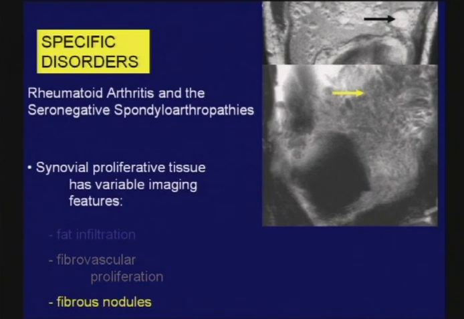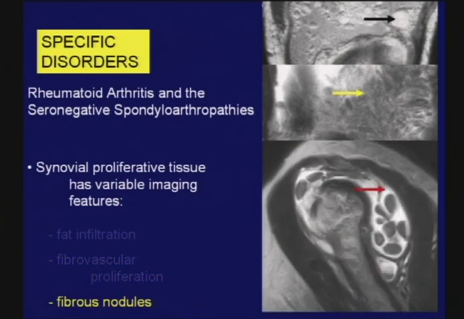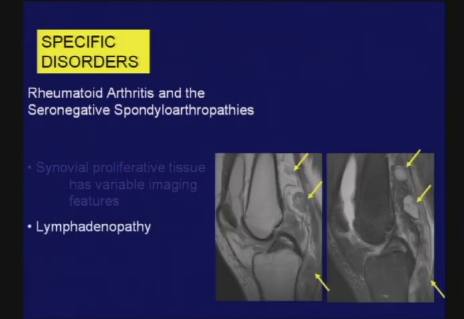And then the third pattern of chronic disease is fibrous nodules. And these become discrete, forming in the synovial membrane and then being pinched off, becoming sometimes free or loose within the joint cavity. Each one of these resembles a cartilaginous or osseous body. So that's the major differential diagnosis.